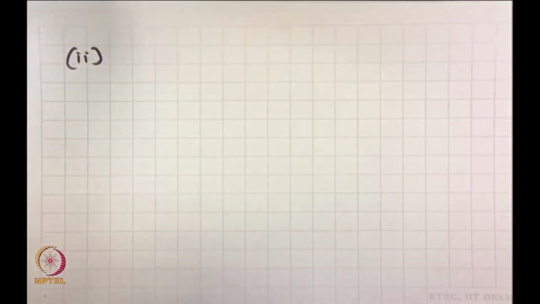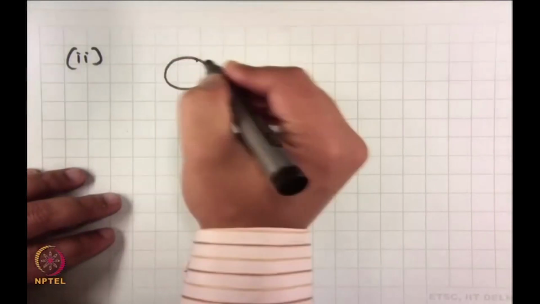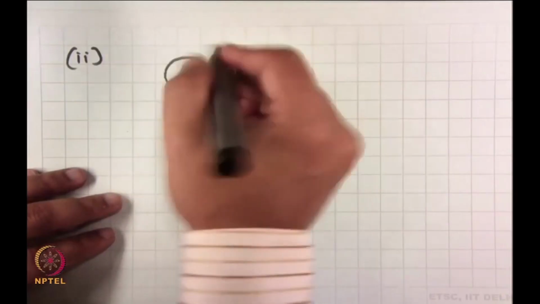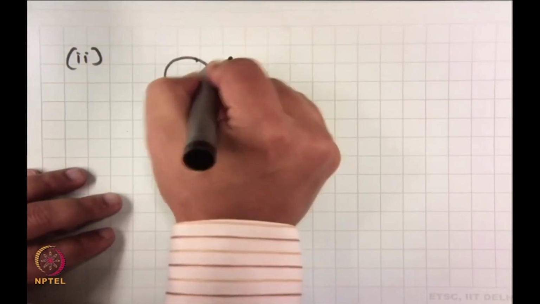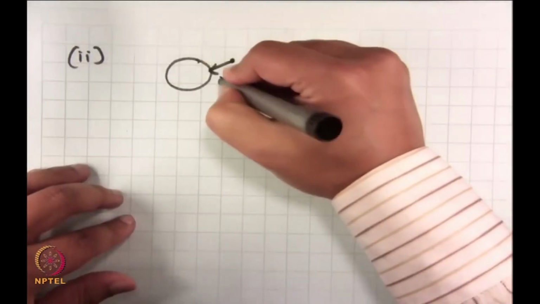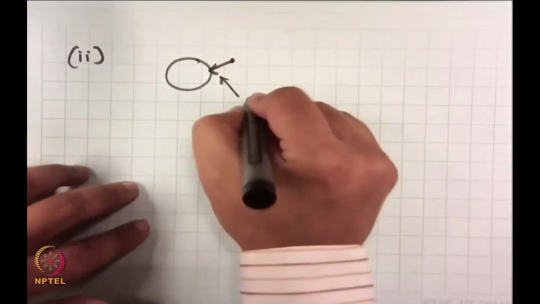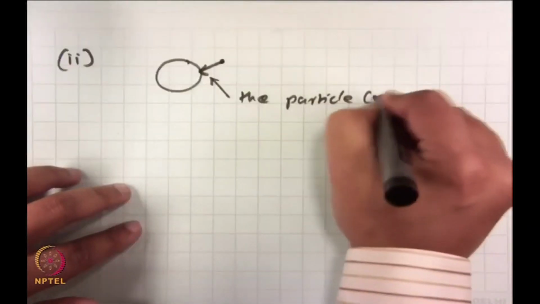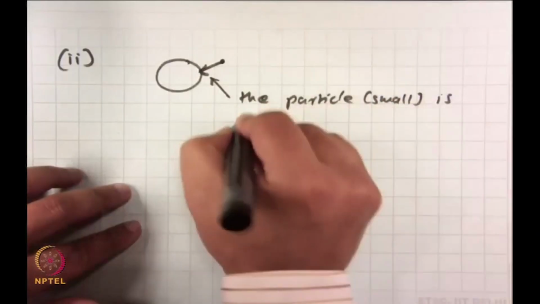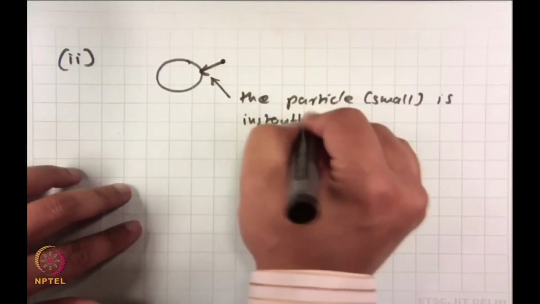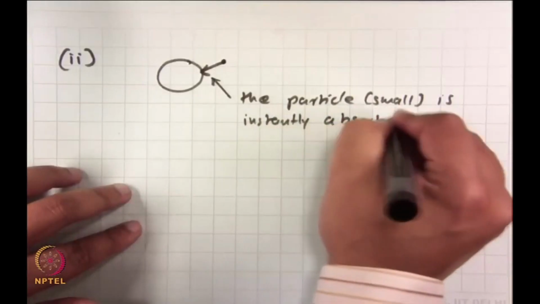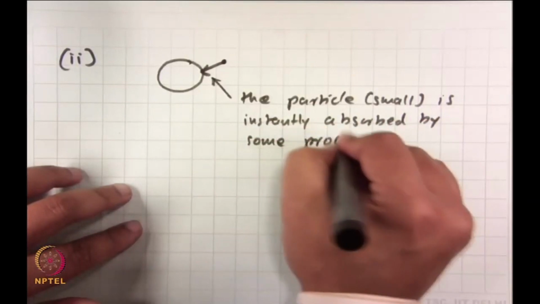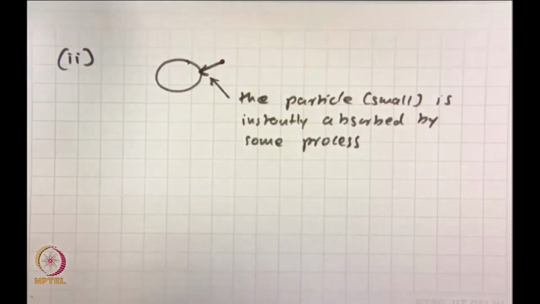Now, for A2, this is what we assume. If this is your particle and if this is the diffusing species which is coming to your particle, it comes here, the moment it strikes here, the small particle is instantly absorbed by some process.